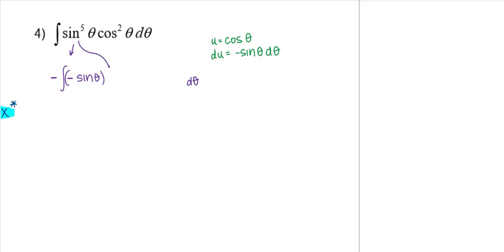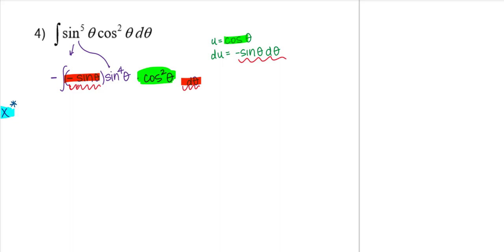Well, if I factor out 1 sine, I have sine to the 4th of theta and a cosine squared of theta. So whether you write this down or just kind of think about it, this piece right here that I'm underlining in the red is going to become my du. So I'll kind of highlight it as well. That is going to be du, so that's going to be used. This is going to be in green u squared.